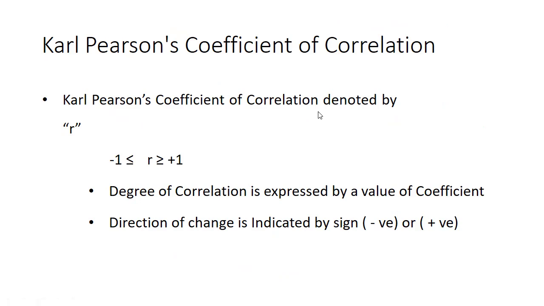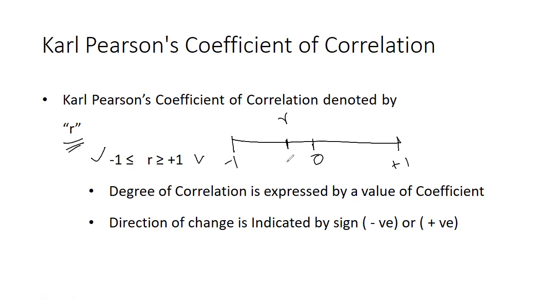In the Karl Pearson coefficient, we denote it by small r, and its value will vary from -1 to +1, meaning we may get an r value between -1 and +1.